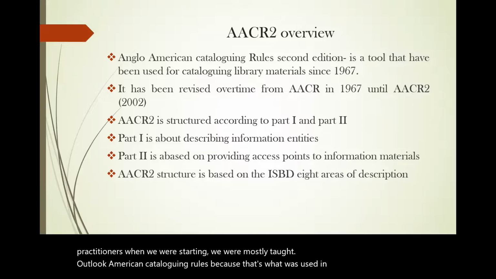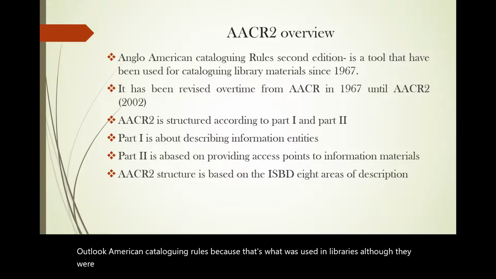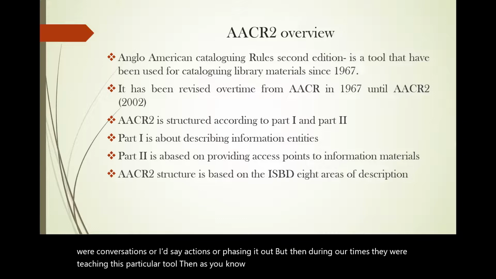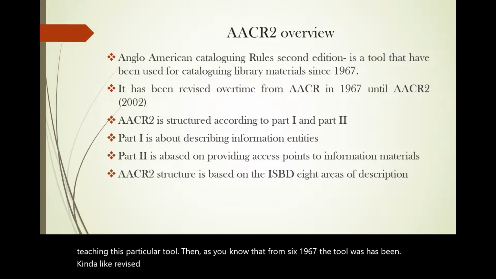Although there were conversations, or actions, of phasing it out, during our times they were teaching this particular tool. Then, from 1967, the tool has been revised into different versions.